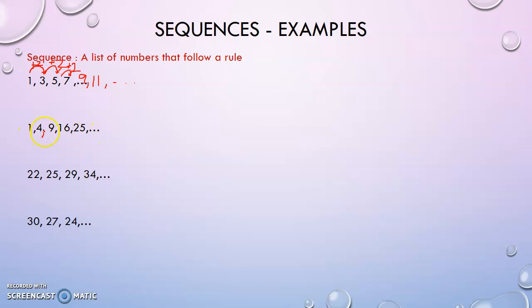Is there any rule for writing this set of numbers? Yes. When you look at 1 square, multiplying a number by the same number is called square. 1 square is 1. 2 square, that is 2 into 2, is 4. 3 into 3 is 9. 4 into 4 is 16. 5 into 5 is 25.